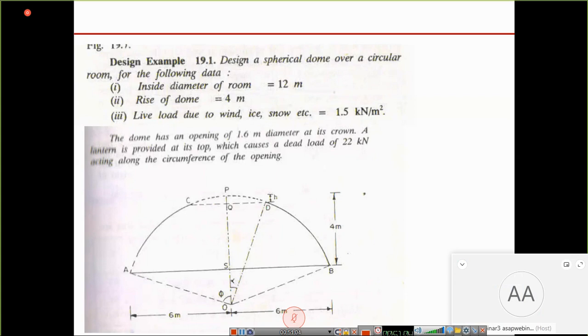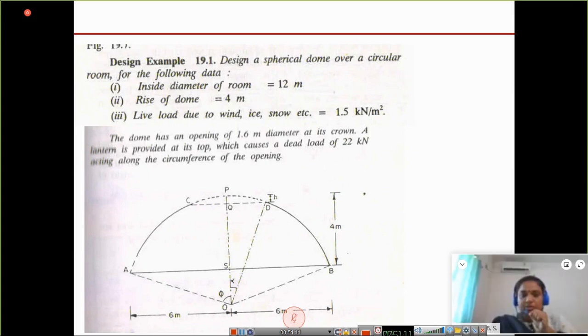Okay. So I'll not have much time to discuss this, but students, you do one thing. This is the workout example in Punmia's text. Just try to solve this, or at least you will be able to complete it till the analysis.